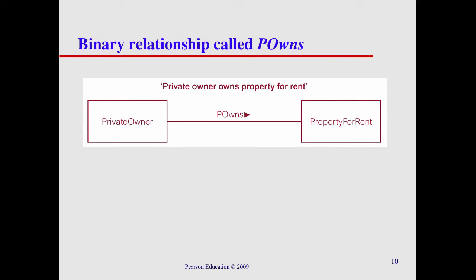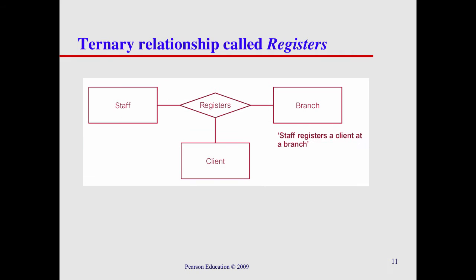So here's another example of a binary relationship. We have property owner owns some number of properties. Here's an example of a ternary relationship. So staff registers a client at a branch. So there are 3 participants in that relationship.